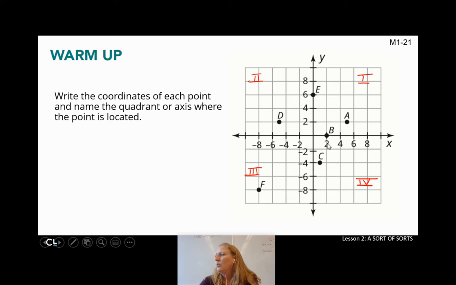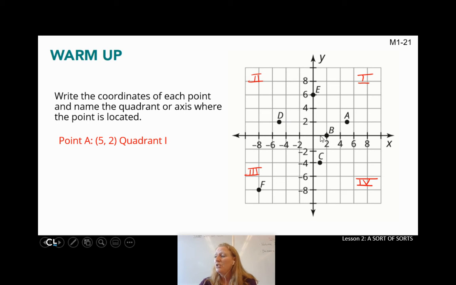Now notice we're counting by twos, so I hope you were careful about that. It looks like we go 5 over and then up 2, and of course we're in quadrant 1. So the coordinates for point A are 5, 2, quadrant 1. For point B, it looks like we go right 2, but we don't go up or down at all.